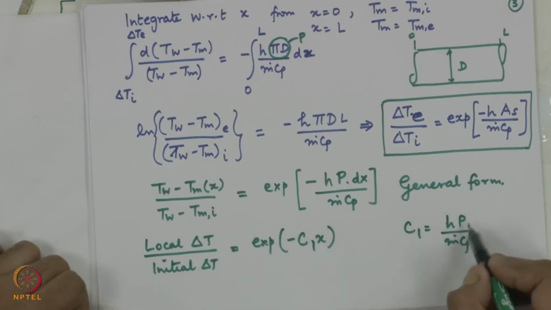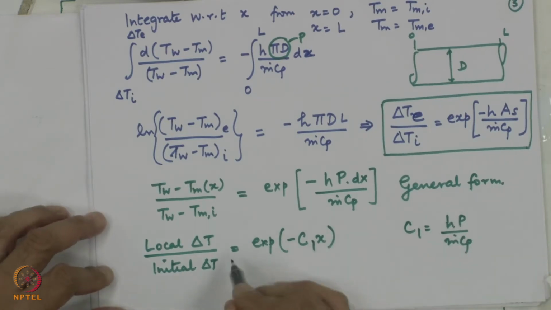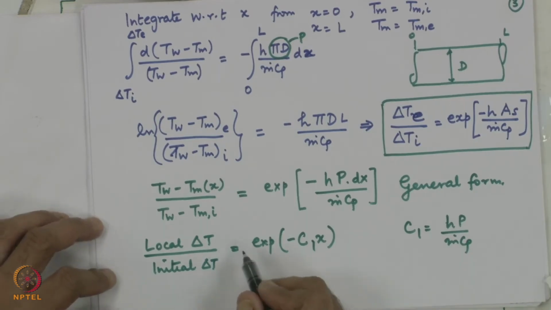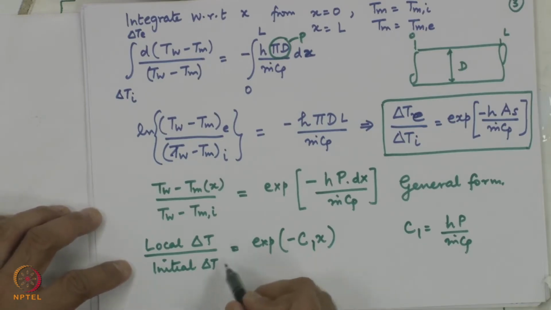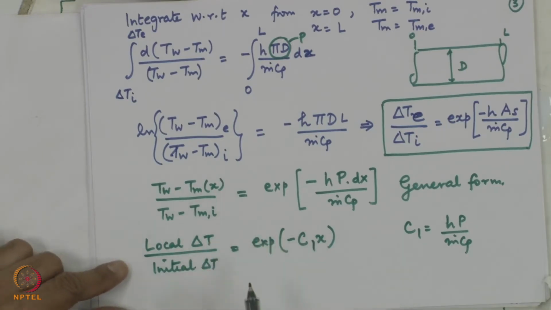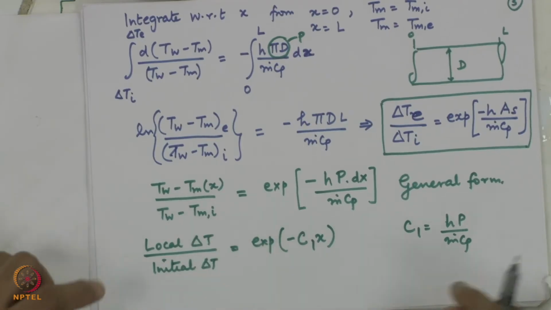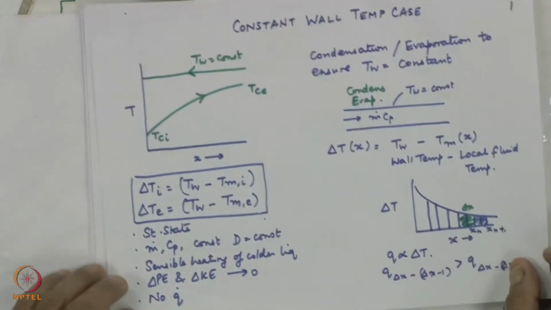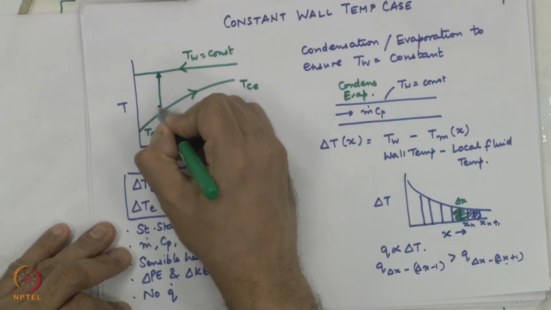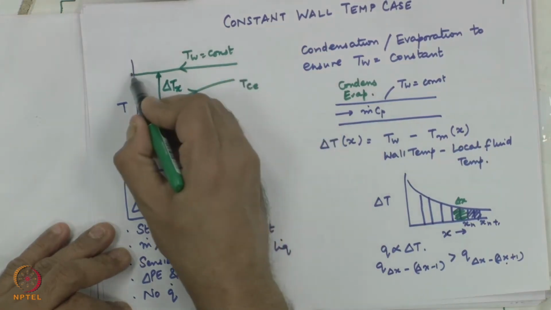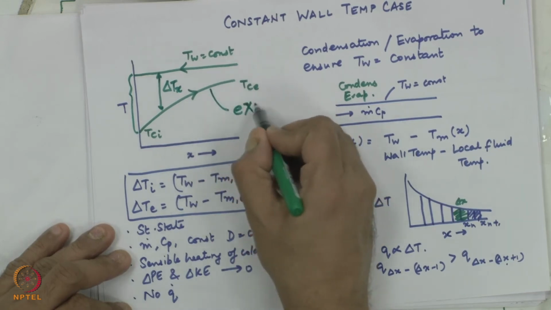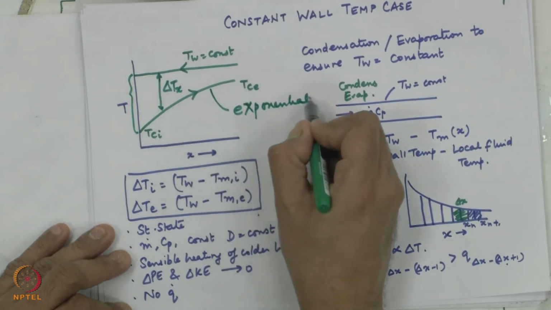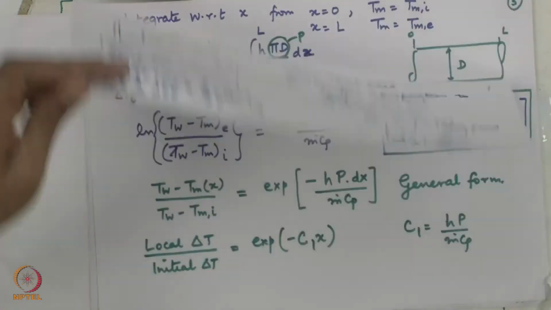This tells me that there is an exponential decay in the local delta T, which means there is an exponential decay in the heat transfer along the length, and that is what we had shown in the first slide. This is your delta T local, this is your delta T initial. This is an exponential curve; the difference is decreasing exponentially.